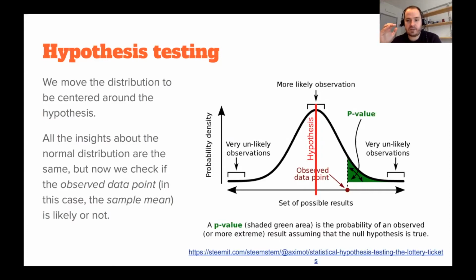If the p-value is so low that it makes it unlikely, then that looks bad for your hypothesis. Your hypothesis looks quite weird.